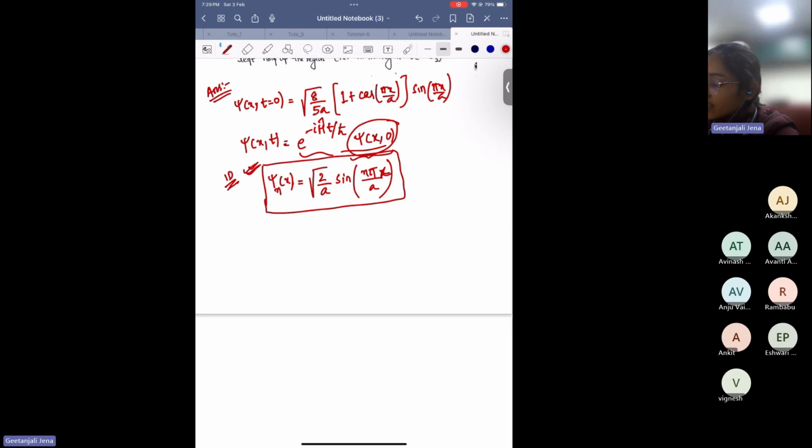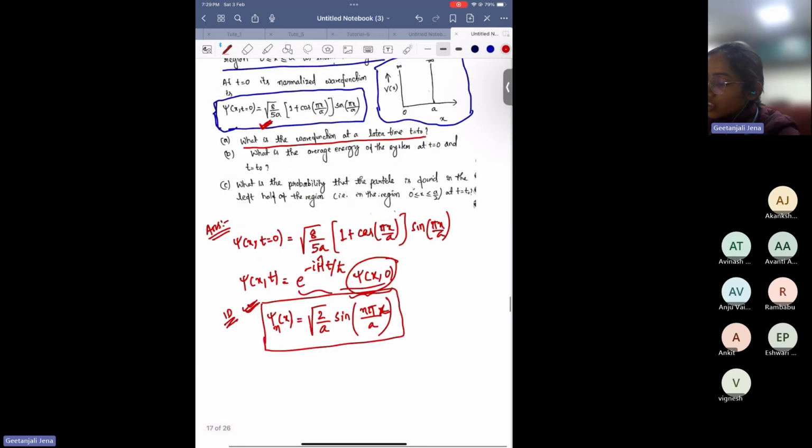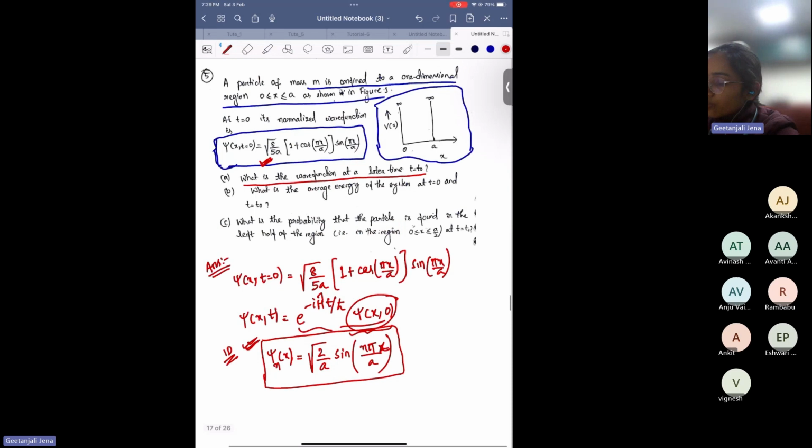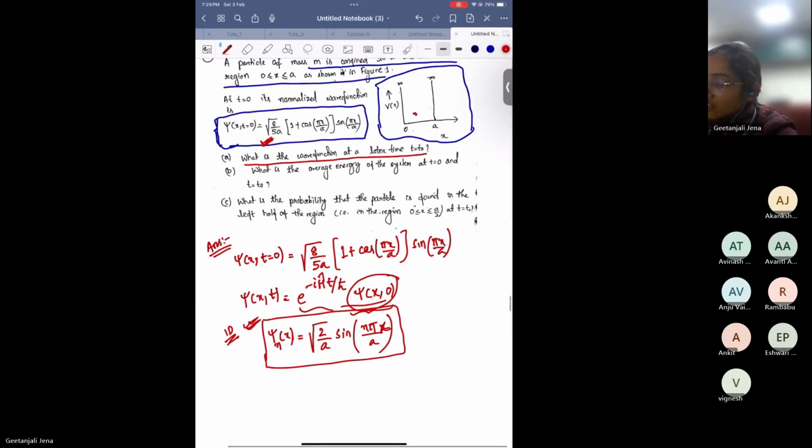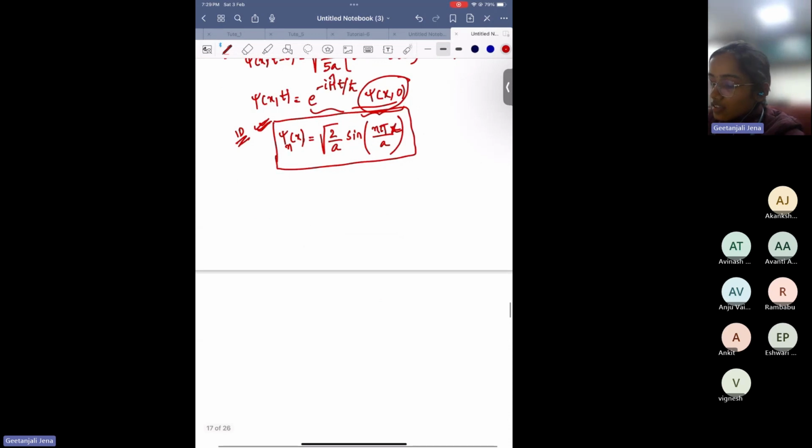So let's say the potential is like this. Inside this region, the potential is 0, right? This means if you write the Schrodinger equation, it is minus h cut square by 2m dou square psi by dou x square, and the potential is 0, so this will be equal to E psi.